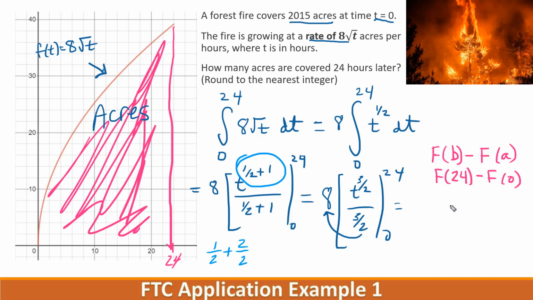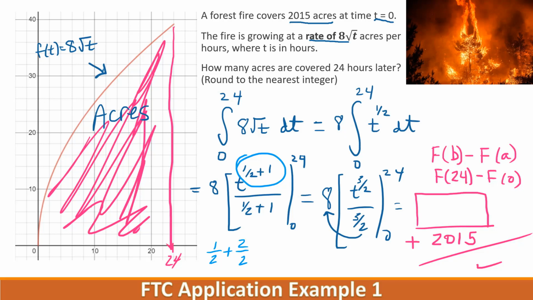And once you work that out, you will get a value that I want to see what you get. And then notice it says how many acres are covered 24 hours later. You're going to take whatever answer you get and add it to how many acres have already burned. So be sure you finish that one up and get me an answer.